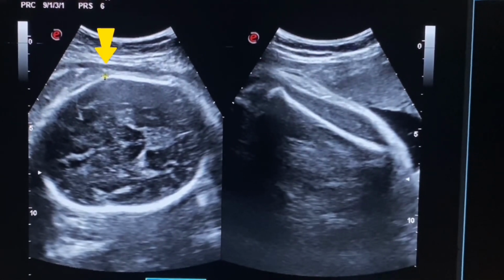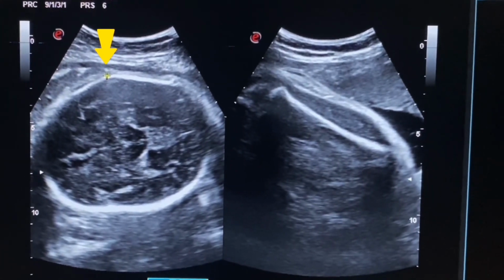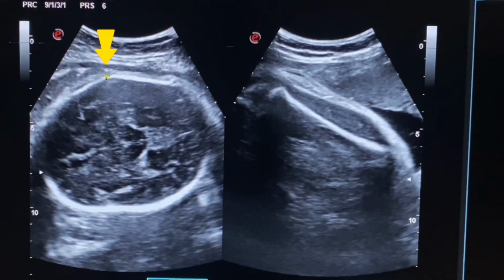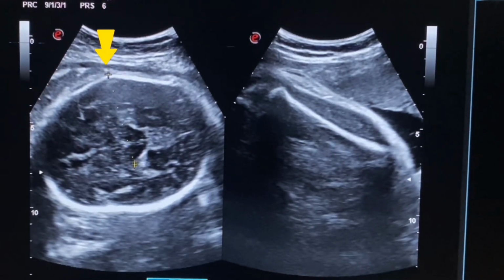Now we will take the measurements of the skull and the femur of the fetus. For skull measurements, we take the biparietal diameter and it should cross the thalami of the skull.